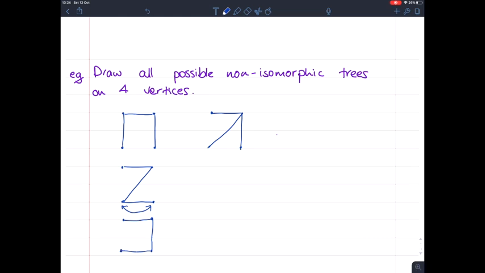So really, we only have two non-isomorphic trees on four vertices. You notice that I didn't try and add any more edges in. If I tried to add in an edge here, I would suddenly have developed a cycle. If I tried to add in an edge there, I would have also added a cycle, and so on.